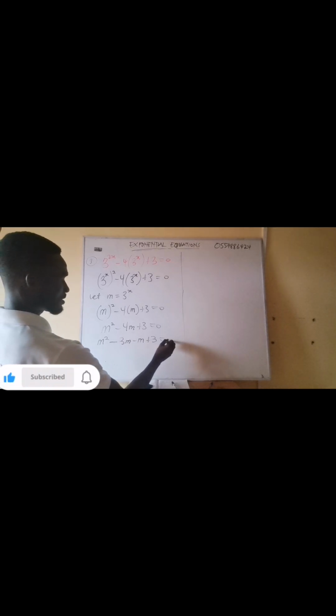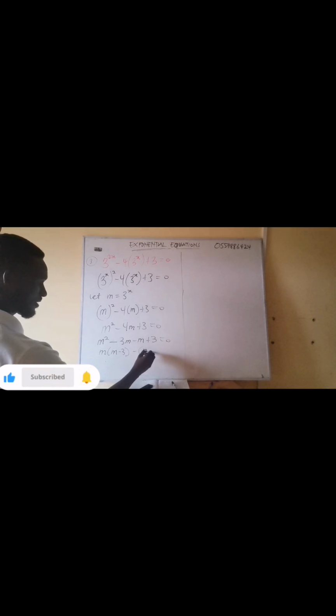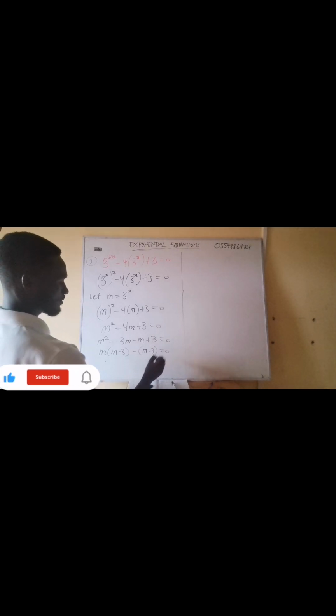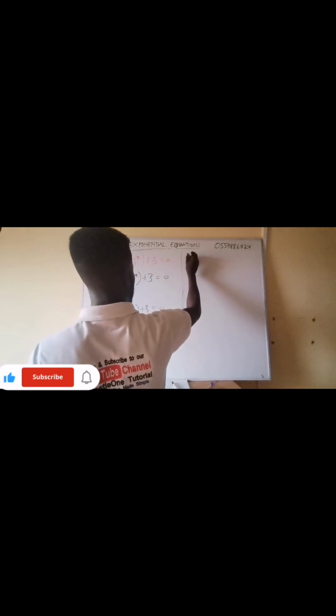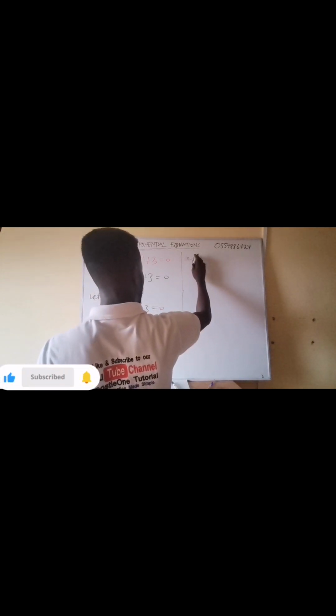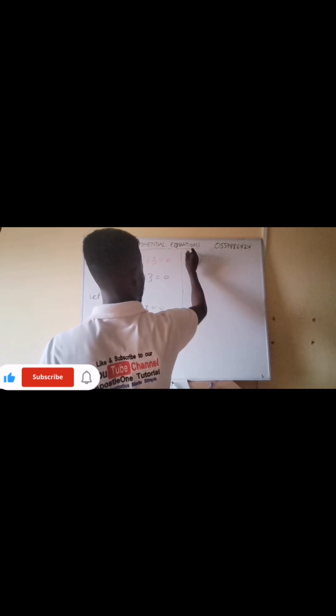So minus 3m minus m plus 3 is equal to 0. So I'm going to have m (m minus 3) minus 1 (m minus 3) is equal to 0. So the first one will be m minus 1. Okay, m minus 3.